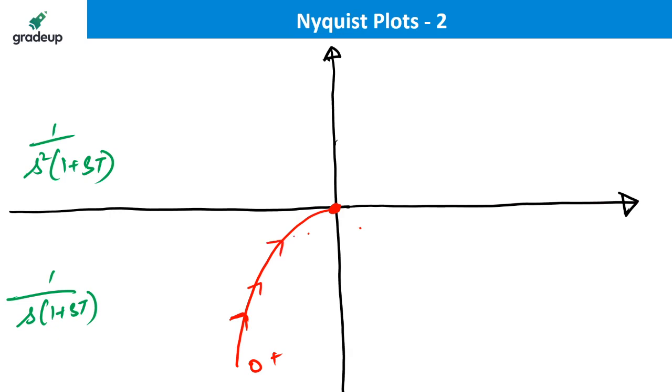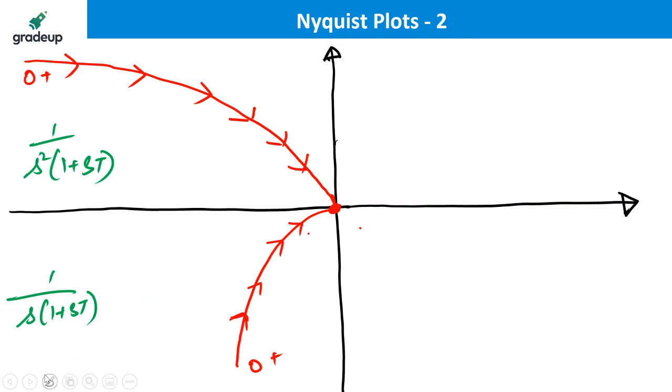Make it go towards infinity plus. Then the next plot that we have just solved right now is for 1 upon s square 1 plus st. Next one.